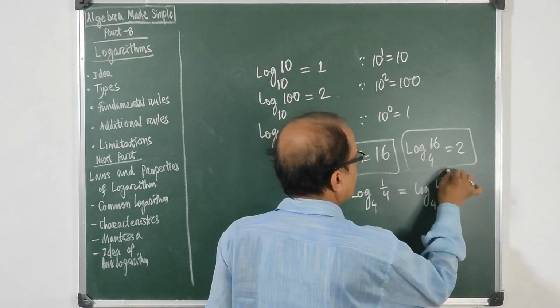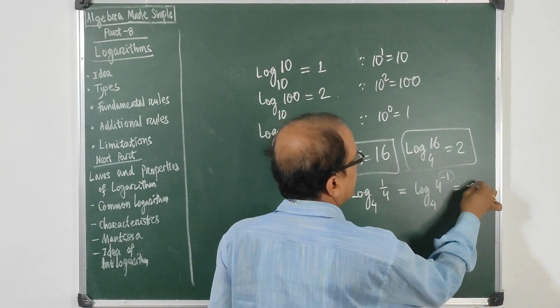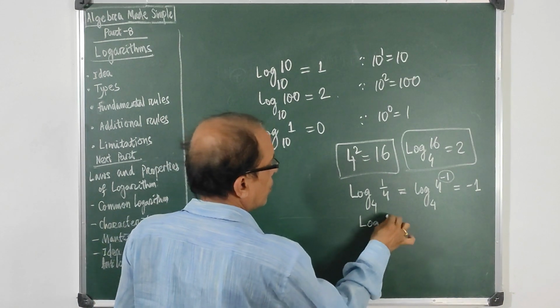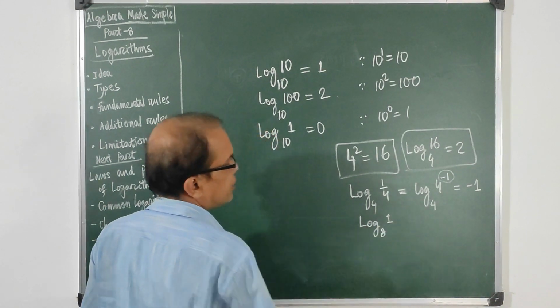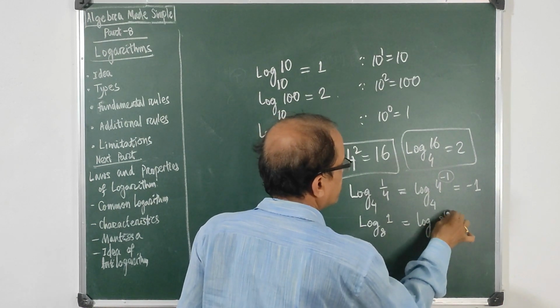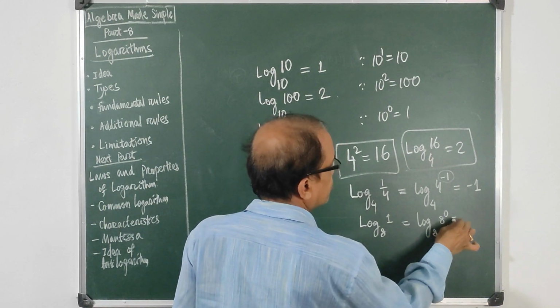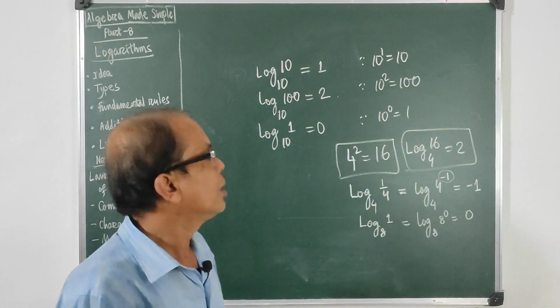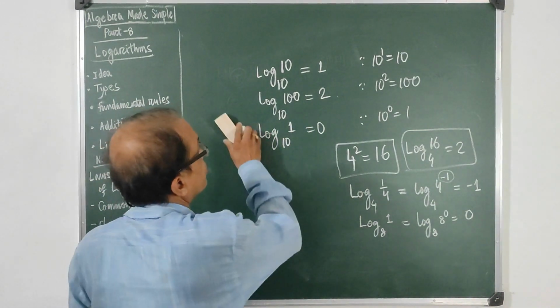So this will be minus 1. Similarly, log 1 to the base 8 is log 8 to the power 0 to the base 8. So this will be equal to 0. So this is how we determine the logarithm of different numbers.